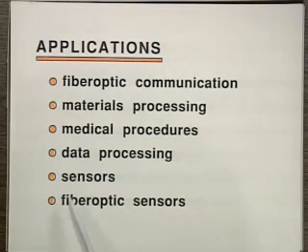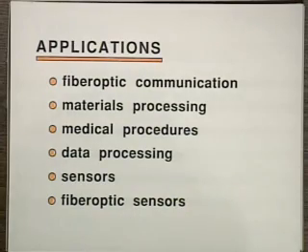Now sensors. I've already mentioned some words about sensors, but not just fiber optic sensors, all kinds of optical sensors. They are incredible devices in the sense that, especially the fiber optic sensors, they're not affected by electromagnetic interference, and they can be used in all sorts of hostile environments where normal electrical sensors would not work at all, because they would be affected by the electromagnetic interference.